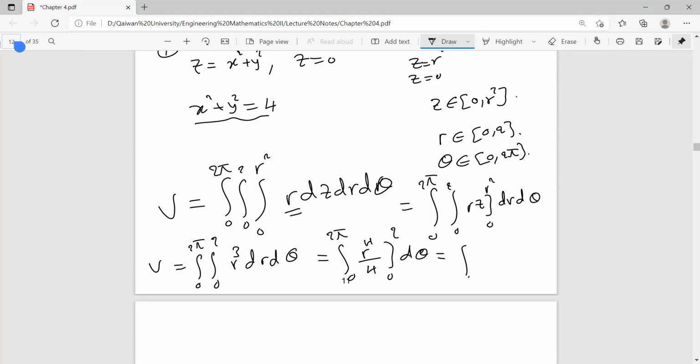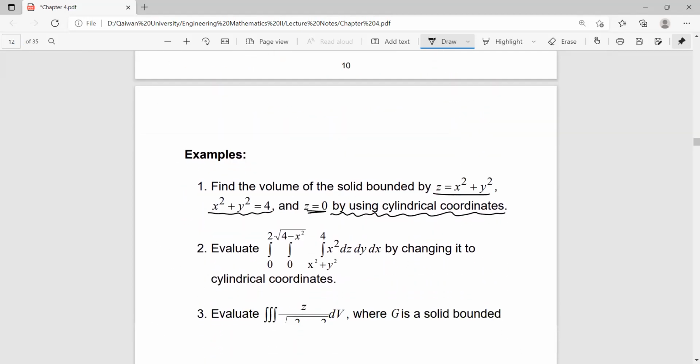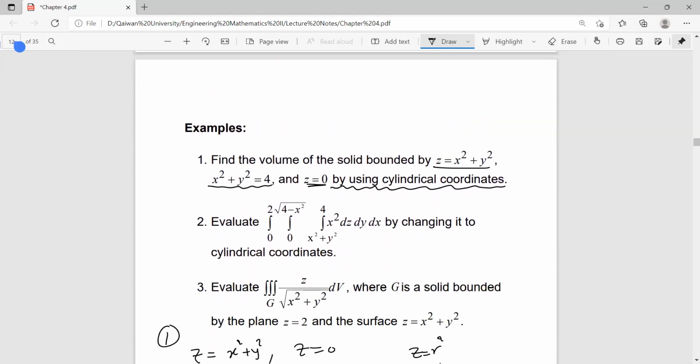It equals from 0 to 2 pi for 4 d theta, and equals 8 pi. This is the volume. Here it is 4 theta. We replace by 2 pi and by 0, and we get 8 pi. That means the volume bounded by these two functions using cylindrical coordinates is 8 pi.